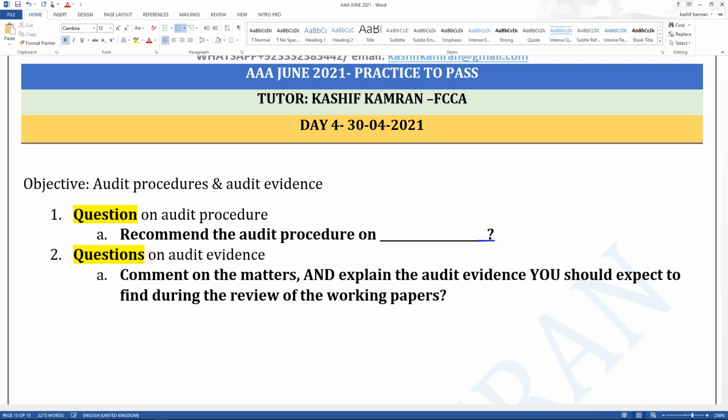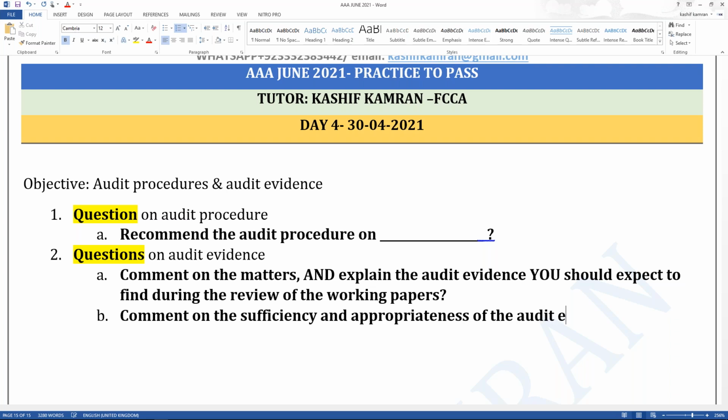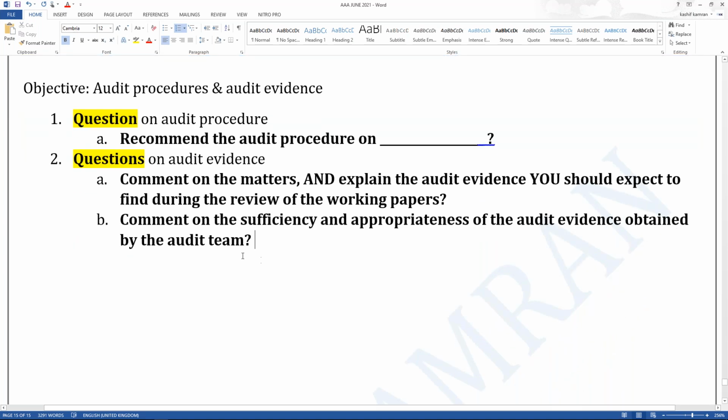That's one question which comes on audit evidence. And a second question which comes on audit evidence is: comment on the sufficiency and appropriateness of the audit evidence obtained by the audit team. So there are 2 types of questions which come on audit evidence.